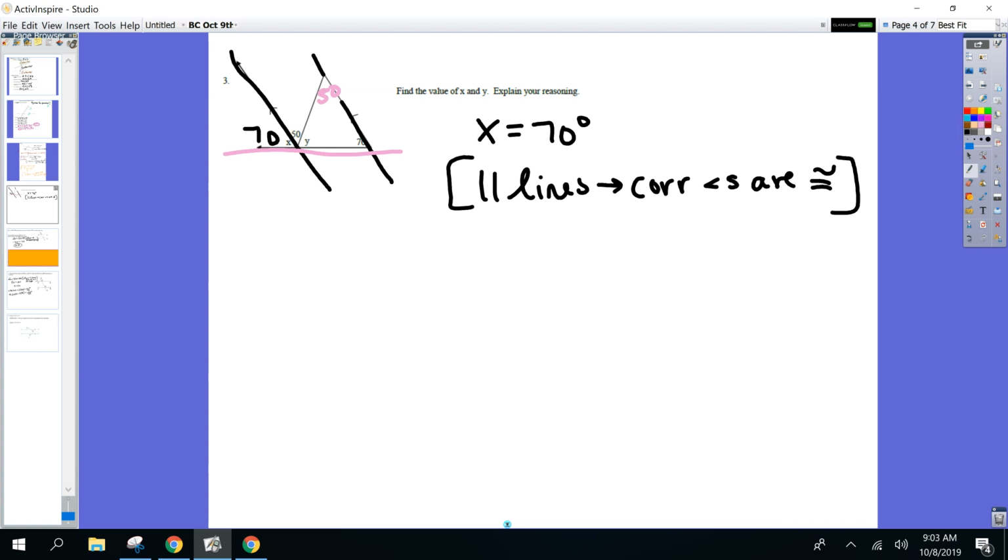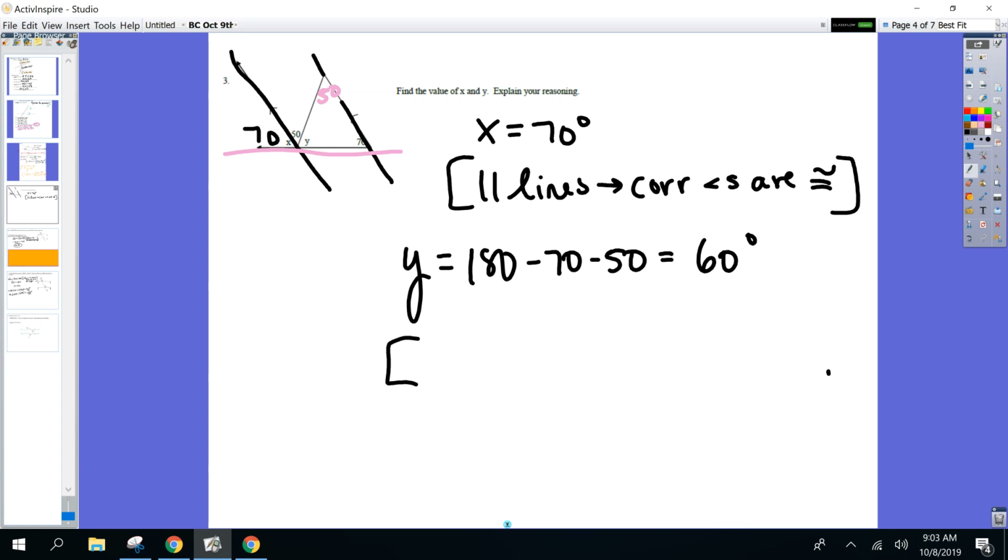How do we want to find Y? Just that it's a straight line, adds to 180? Yeah? Okay, that's fine. So Y will be equal to 180 minus 70 minus 50. And that'll give me 60 degrees.